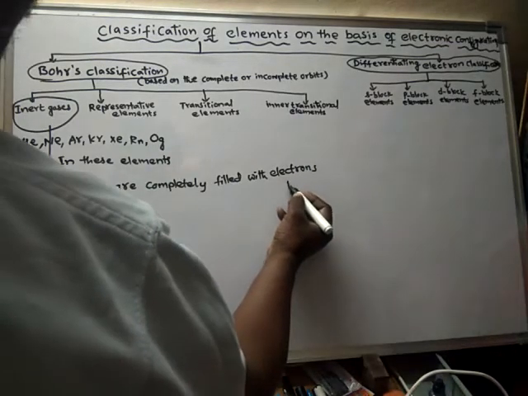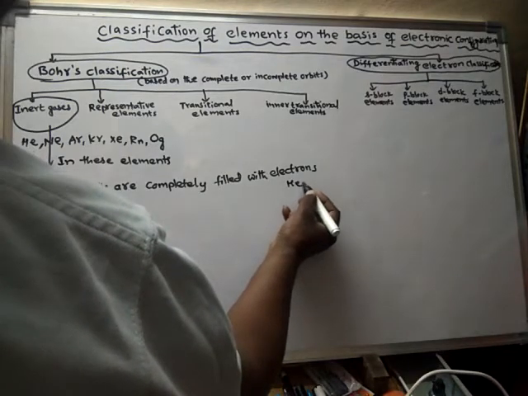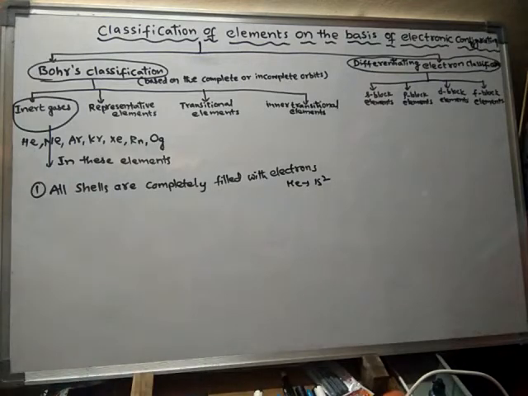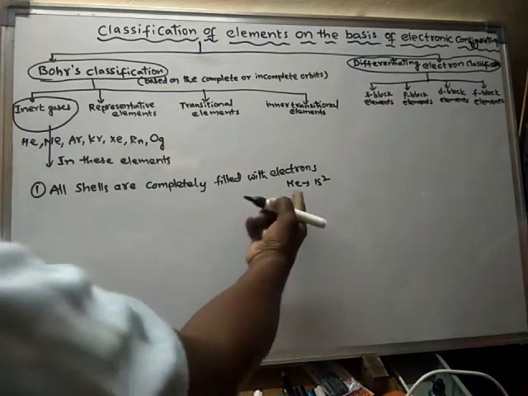In helium you will find 1s2 configuration, because helium has only one orbit. That orbit is the first orbit, and its maximum capacity is two electrons only. Hence helium is said to be completely filled, because only one orbit is there, and that orbit's maximum capacity is 2. Hence it is said to be a completely filled shell.